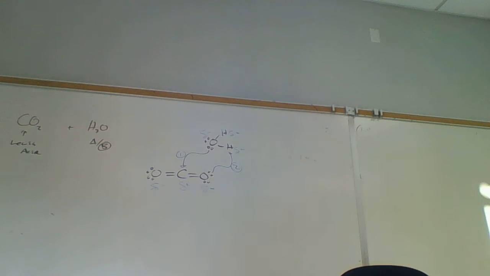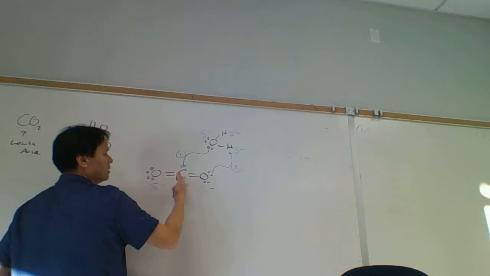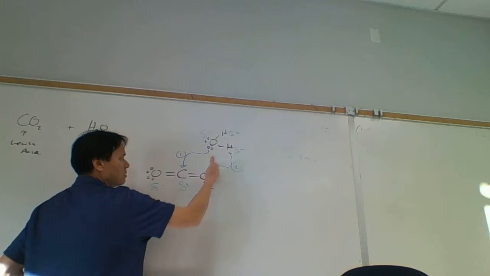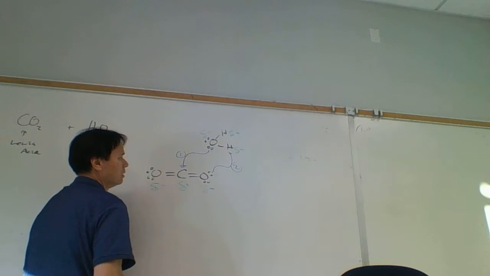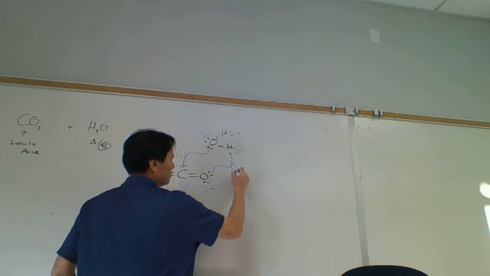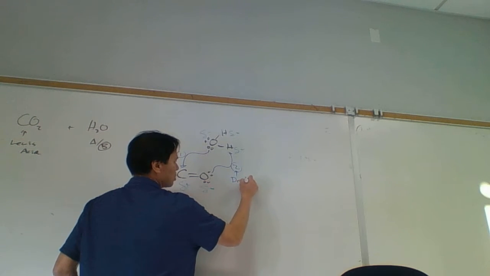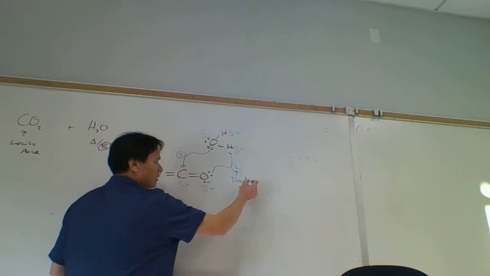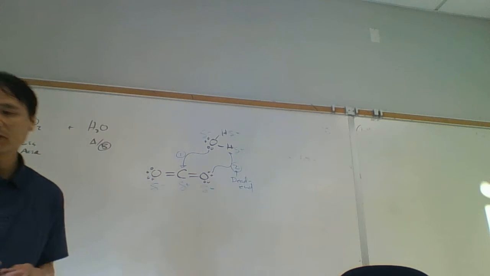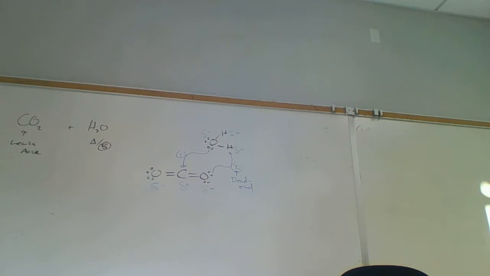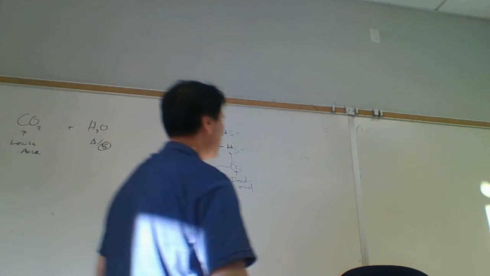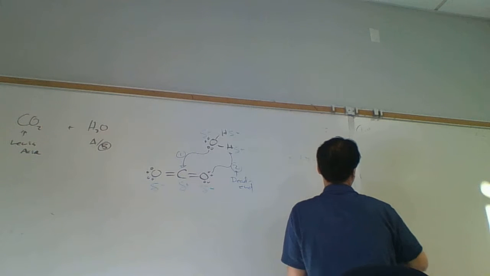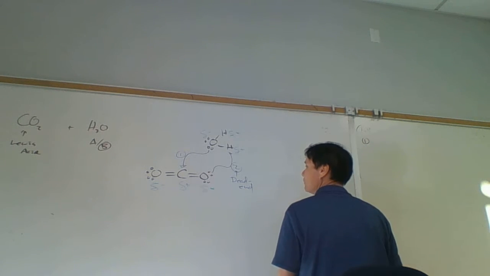One in which this oxygen's lone pair gets donated to this carbon, the other in which this oxygen's lone pair gets donated to H. It turns out that number 2 is a dead end. It's a dead end by doing some trial and error. I didn't know it was going to dead end, but when we try to make something happen, we can't make anything happen. And so we're just going to go with 1. 1 will actually get us somewhere.